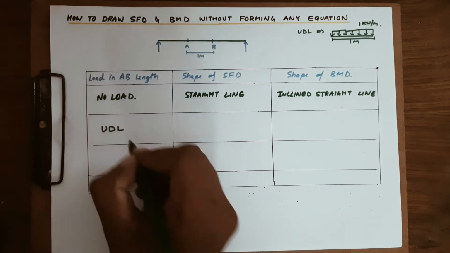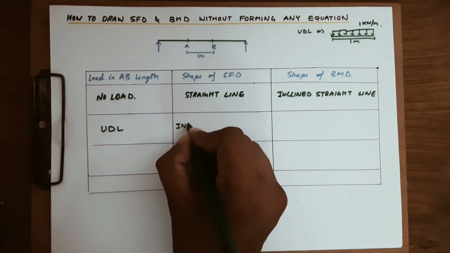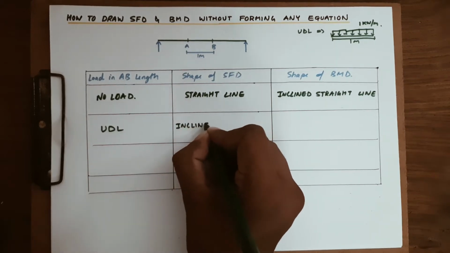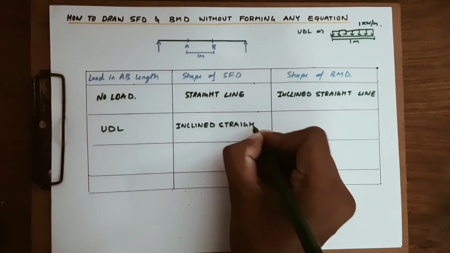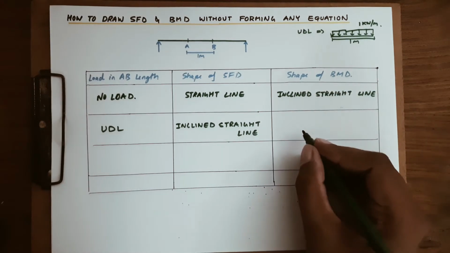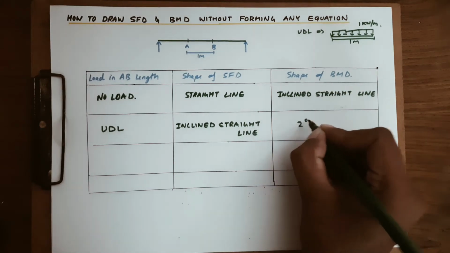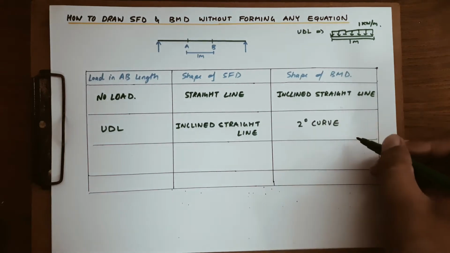Now the shape of SFD will be an inclined straight line. And the shape of BMD will be a 2-degree curve. Now it can be increasing or decreasing depending upon the situation.